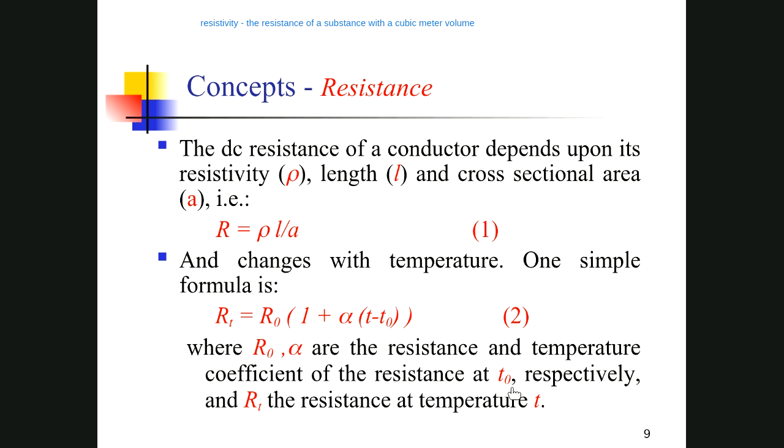So the resistance of the conductor at a temperature T can be estimated like this, with the temperature coefficient, T0 and R0, and T. When the temperature increases, this difference is always positive and larger.